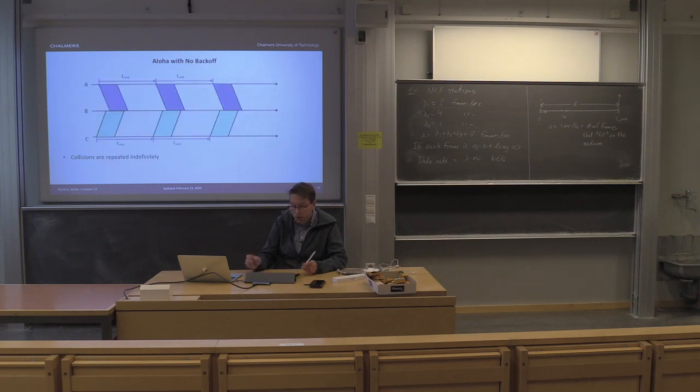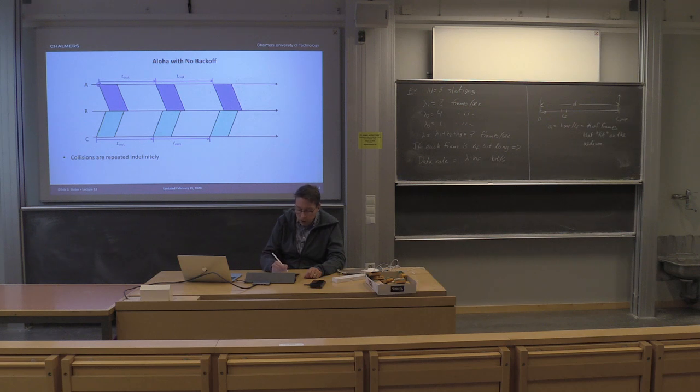So if we look at this from a timing diagram, suppose A, B, and C are 3 stations, and we don't have backoffs. Now suppose that station A gets a frame from its upper layer at this point in time, it starts to transmit that.